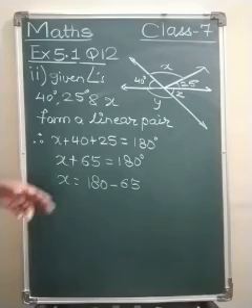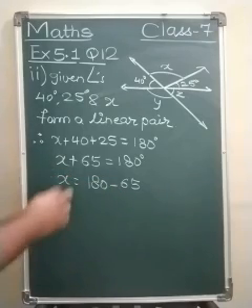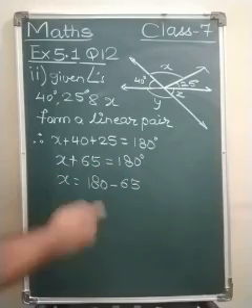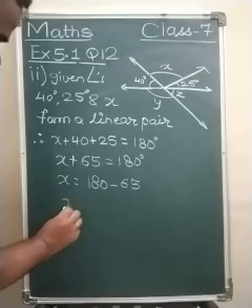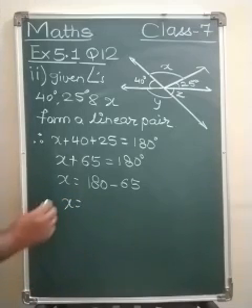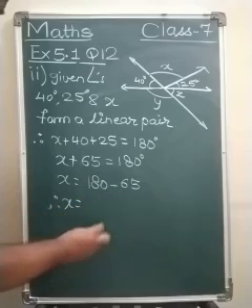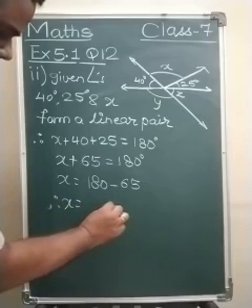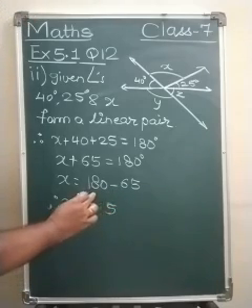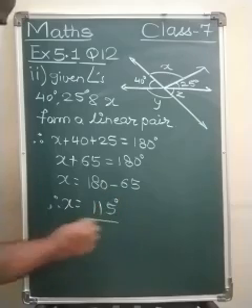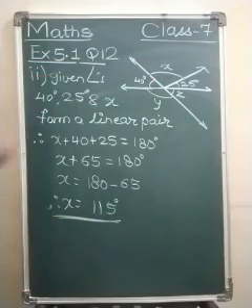I hope you are getting why we have subtracted it, because this is a simple equation. 65 is transposed to the RHS, so plus will become minus. Therefore, X equals 180 minus 65, which is 115 degrees. So the value of X comes to 115 degrees.